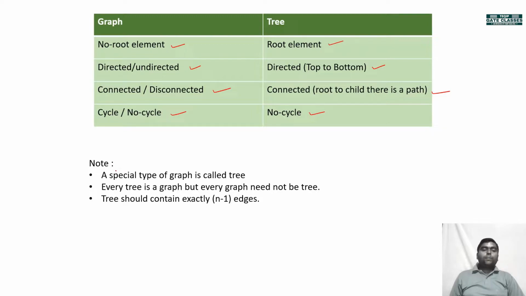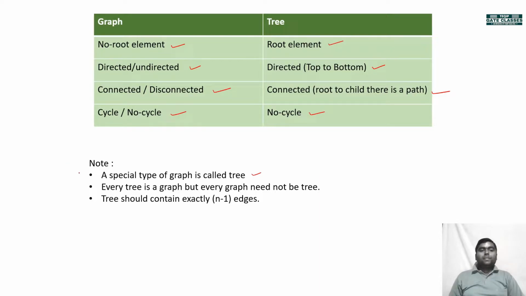Now an important point: a special type of graph is called what? Tree. So what is a special type of graph? If you observe this table, there are some restrictions. More possibilities are there in a graph and fewer possibilities are there in a tree. That's why we can say a specific type of graph with some restrictions is known as a tree.